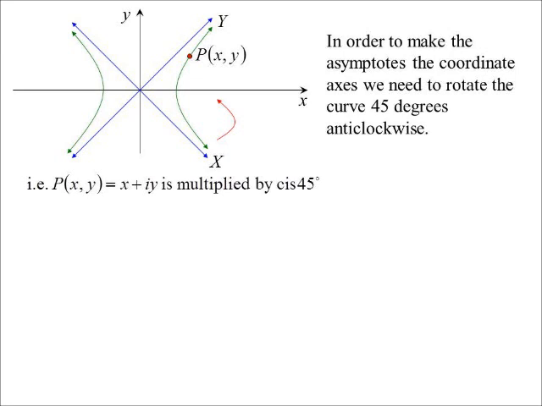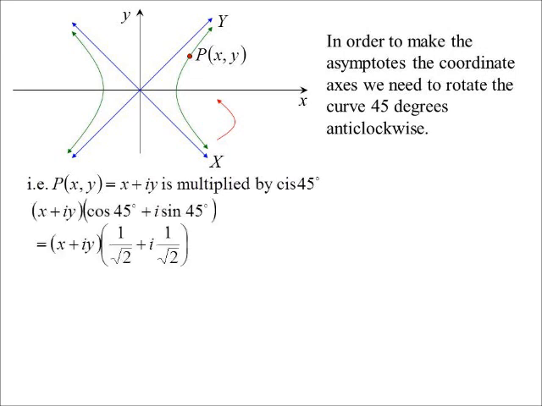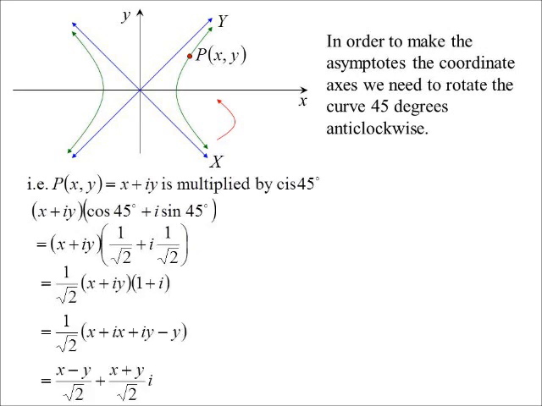So P is now the complex number x plus iy. I'm going to multiply it by cos 45 plus i sin 45. And both of those are, of course, 1 on root 2. If I expand the whole thing out, there's my expression: x minus y on root 2 plus i times x plus y on root 2.